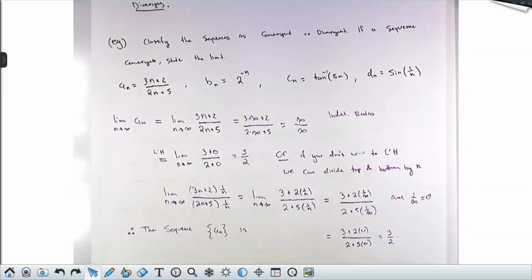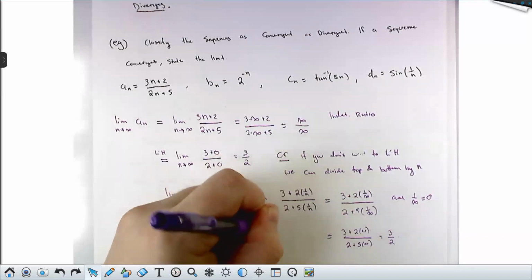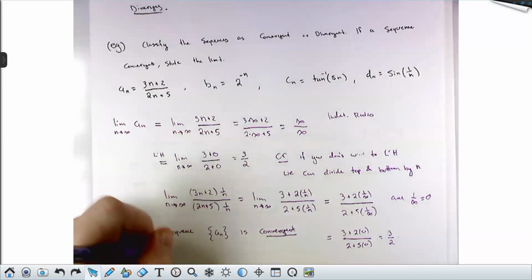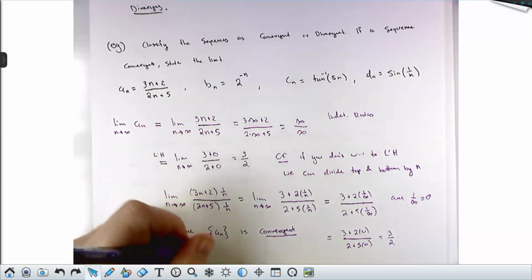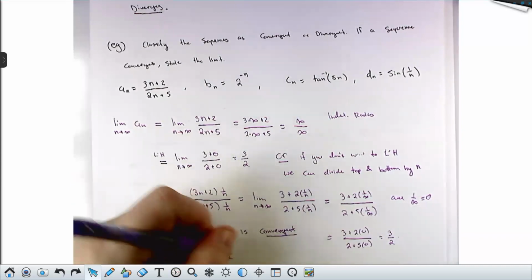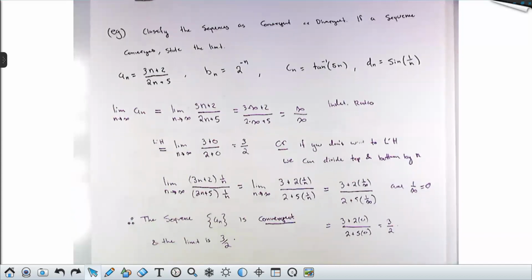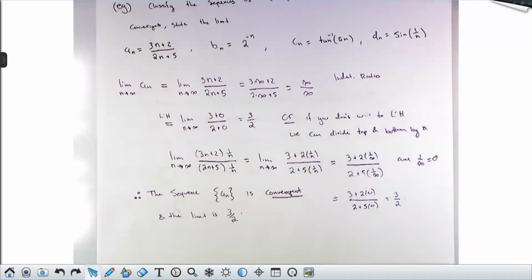It's a convergent sequence because the limit exists and is finite, right? The limit was 3/2. So this first sequence here, AN, is a convergent sequence. We would say that this sequence converges to 3/2.